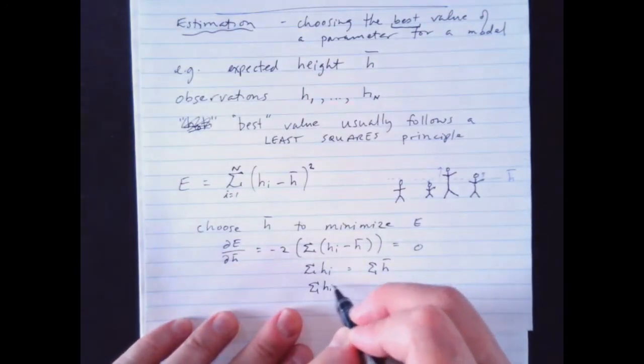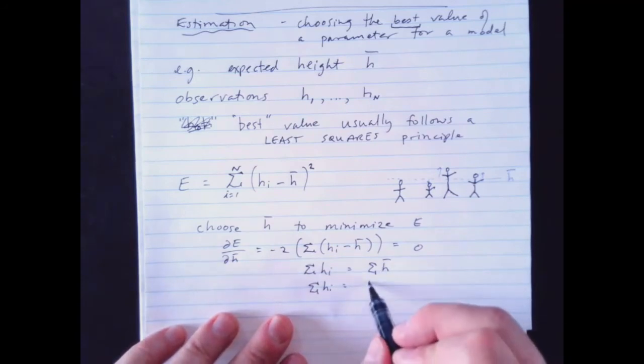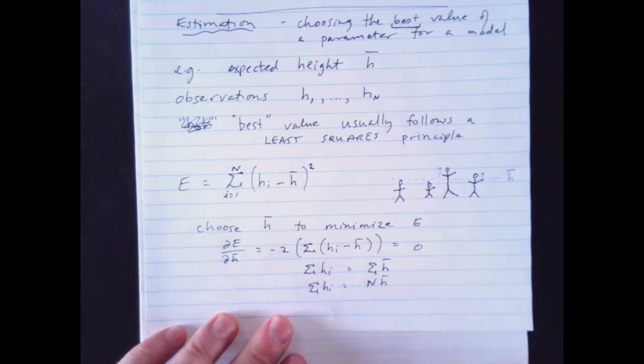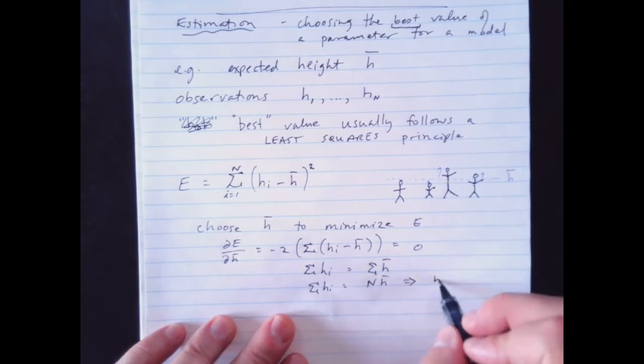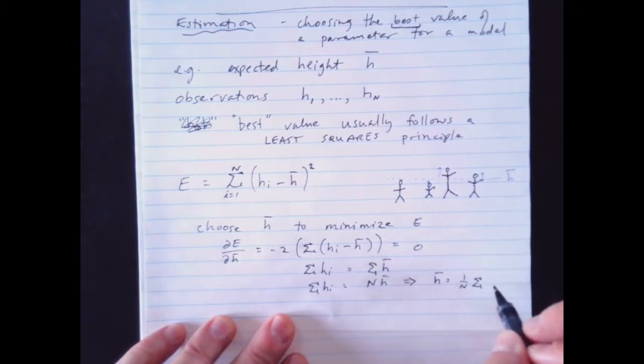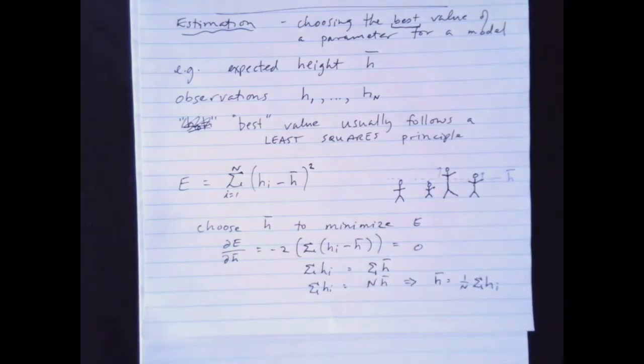Now here you're adding up n instances of the same number, so that's just the same as n times h bar. And so the last step here is h bar equals 1 over n times the sum of hi, which is just the usual formula for the average: add up the values, divide by n.